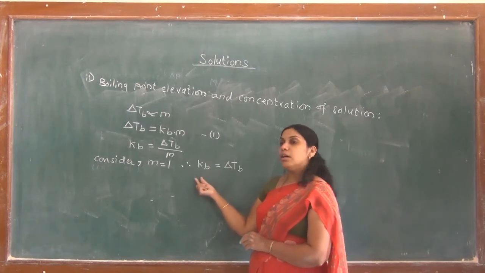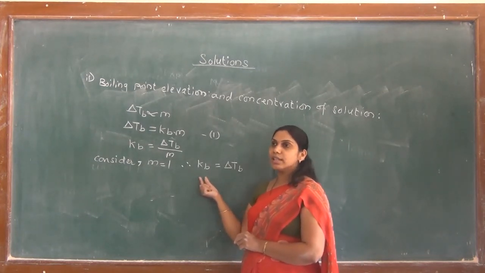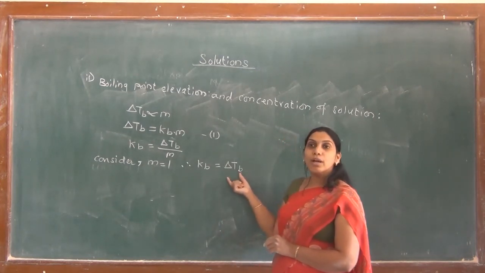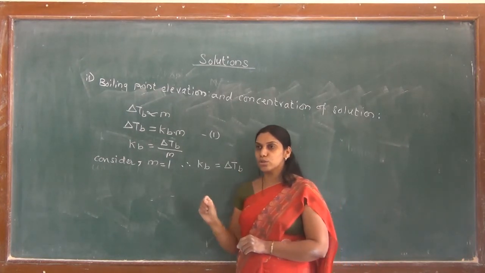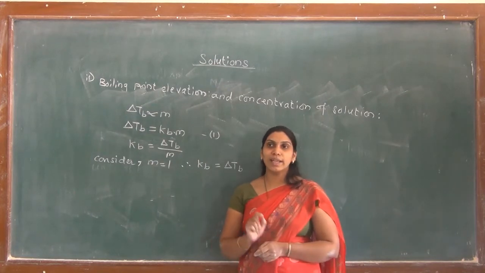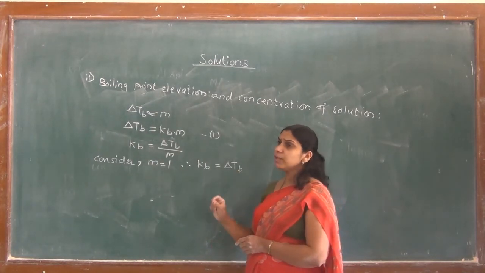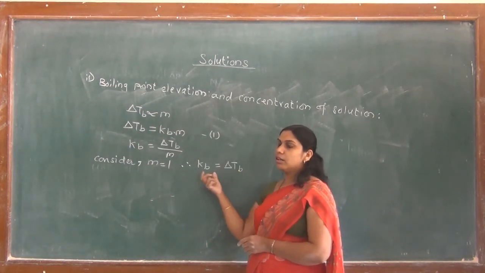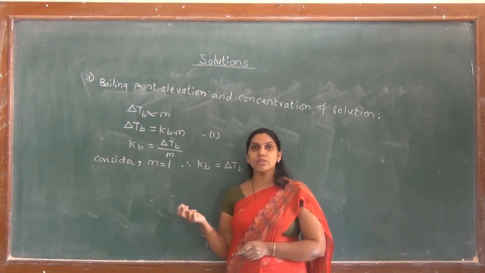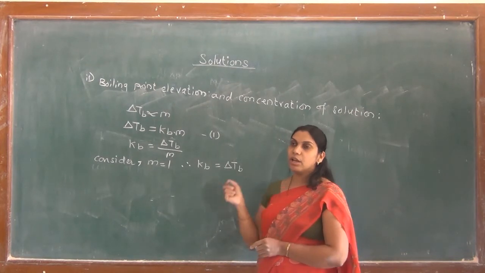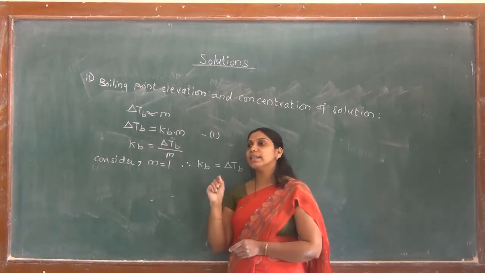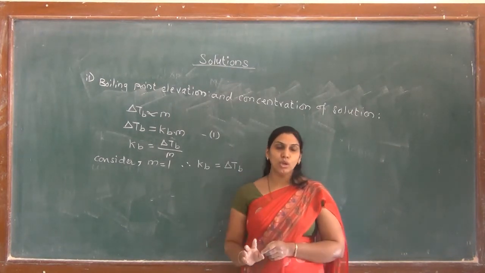See, molal elevation constant is the boiling point elevation produced by a 1 molal solution, or in other words, you can say that the molal elevation constant is equal to the boiling point elevation when the molality of the solution is equal to 1.